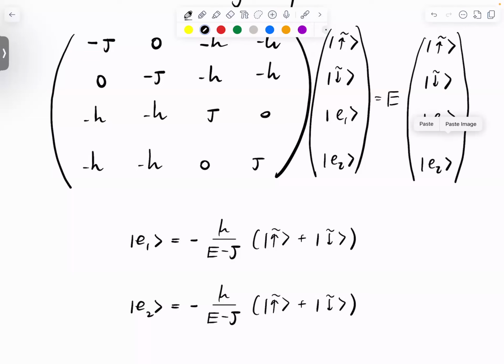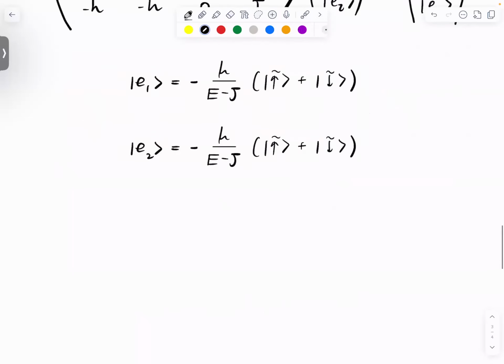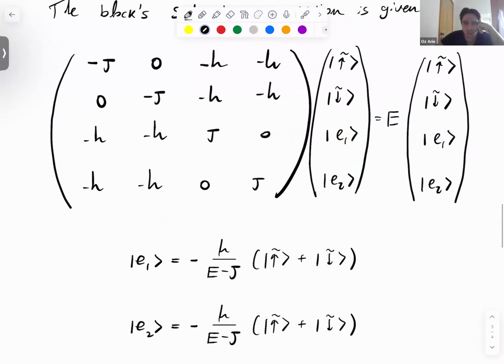No questions. Okay, good. So E1 is equal to E2 in this representation.